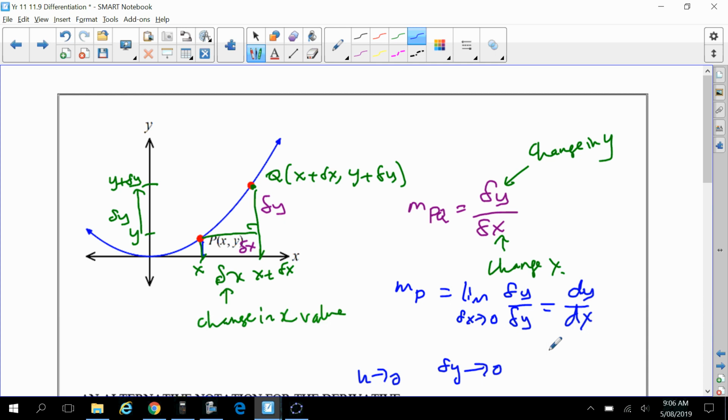And that notation, as I said earlier, Newton studied motion, that's the velocity, the first derivative. Leibniz gave rise to this notation. He's from Germany, he's a judge, and he came up with this notation, which is much more intuitive because the derivative, the gradient of the tangent, is a gradient. dy over dx is more intuitive.